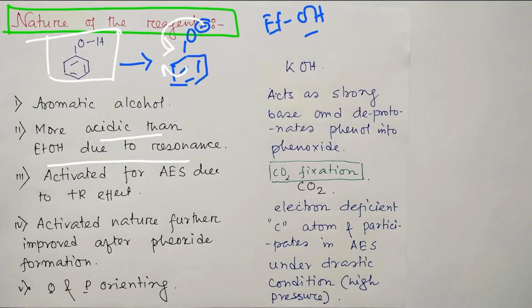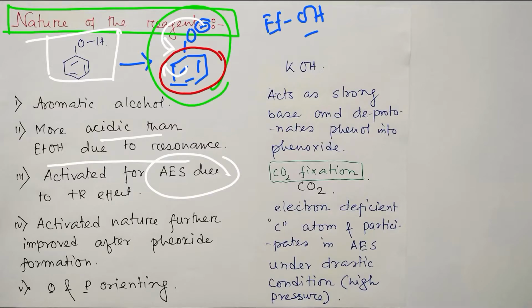And actually phenol is an activated nucleus for aromatic electrophilic substitution. Its activity further improves when it becomes phenoxide, because it is already carrying a negative charge. So it is highly expected that the electron density in the benzene ring will increase, because the negative charge is stabilized by delocalization from this O minus.